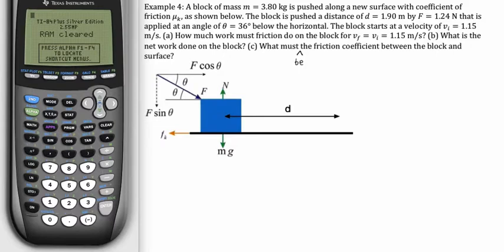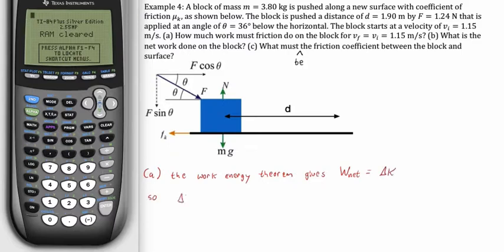And we're asked how much work must friction do on the block for the final velocity to be equal to the initial velocity. Okay. So what we have then is, since the initial velocity is equal to the final velocity and the work energy theorem, that gives us that the net work is equal to the change in kinetic energy.